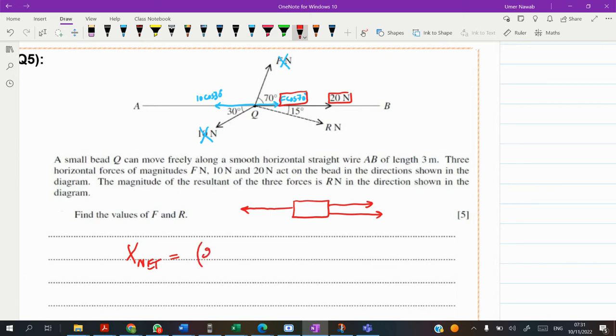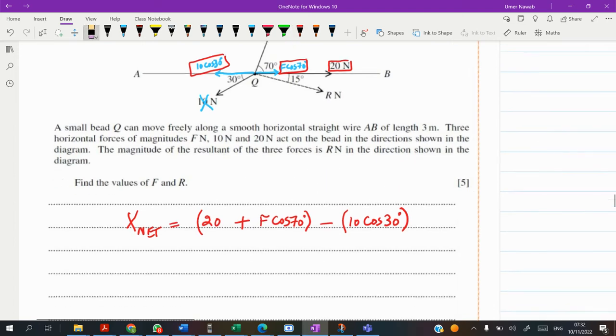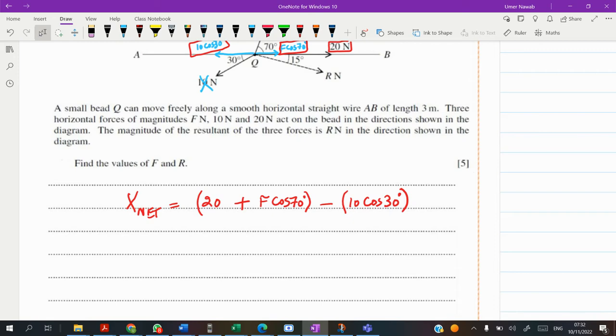So let me write them in a bracket: 20 plus F cosine of 70, then minus this force, which is 10 cosine of 30. Clear? So two forces on the right and one force on the left. We found the net x effect of the resultant. We found it.